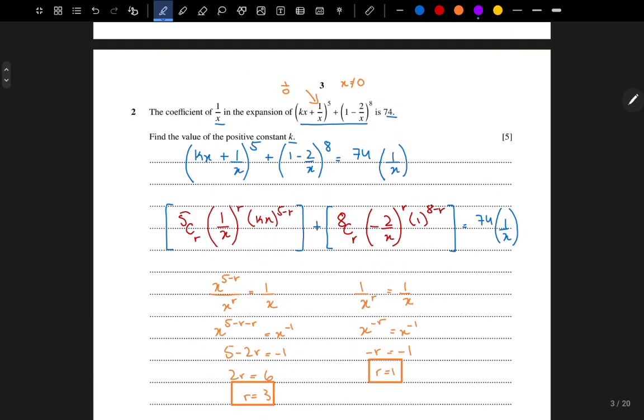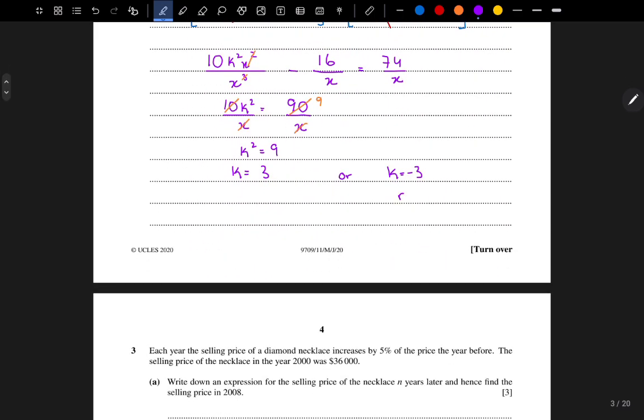But if we look at the question, we can see that k is a positive value, so we can reject this value, and the final answer is k equals 3.